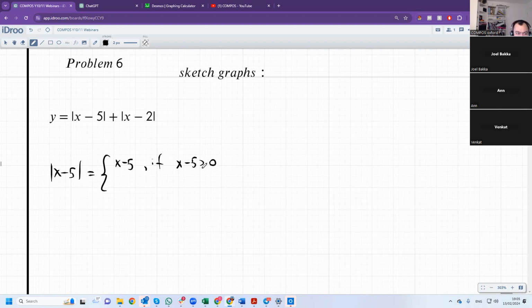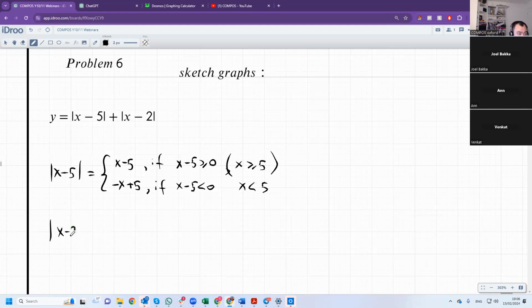X minus 5 greater than 0 is the same thing as saying x is greater than 5, isn't it? And it's equal to minus x plus 5 if x minus 5 is less than 0, or in other words, x is less than 5.